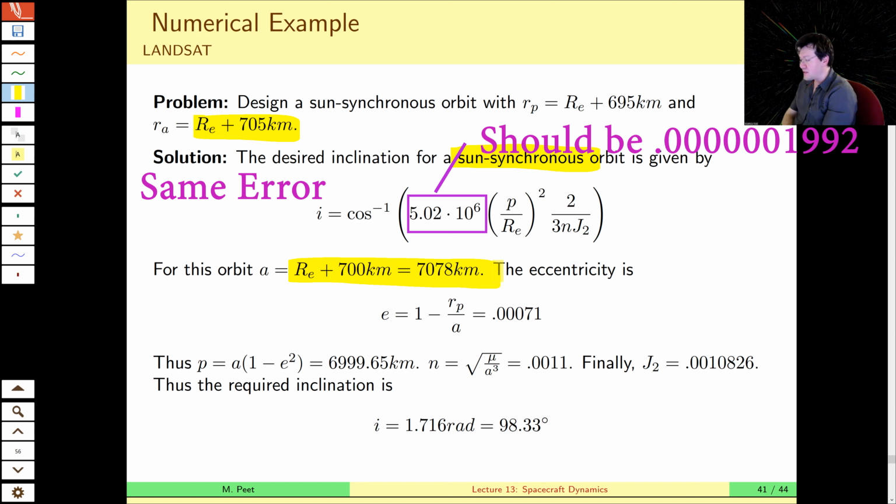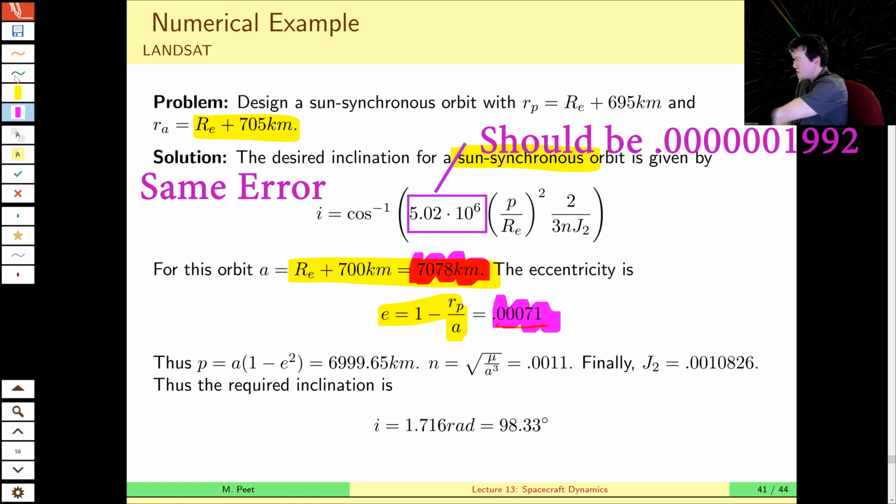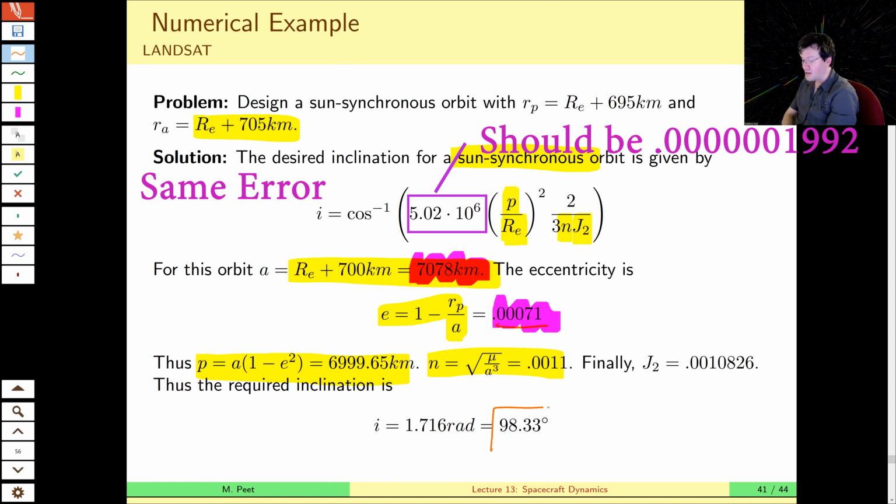We can likewise figure out eccentricity from periapsis and apoapsis. So those two are fixed, known. And that gives us immediately the parameter of the orbit, gives us the mean motion n, and of course J2 is known. And so if we plug this into the formula, this is known, this is known, this is obviously known, and so we can just find the inclination of this orbit, 93 degrees, so near polar.